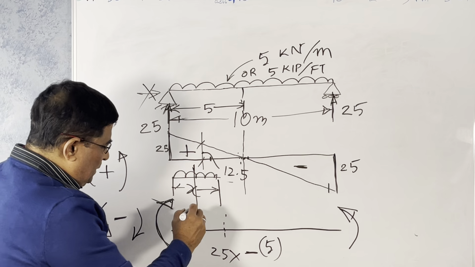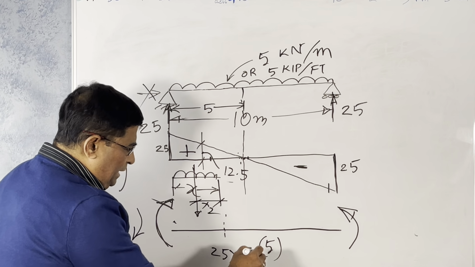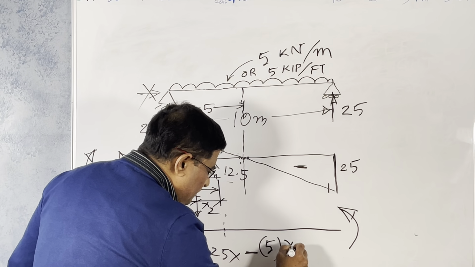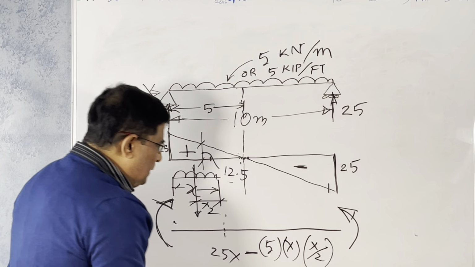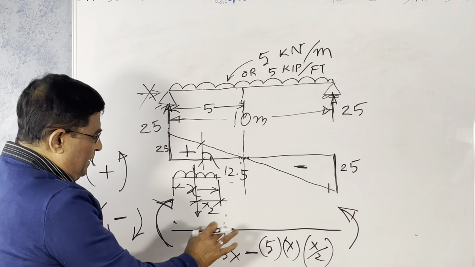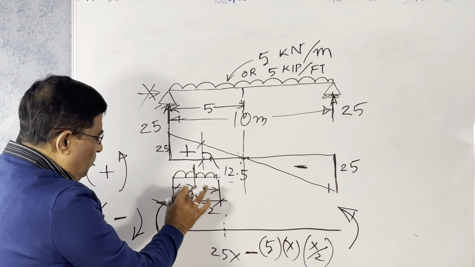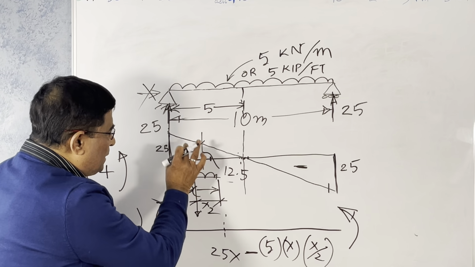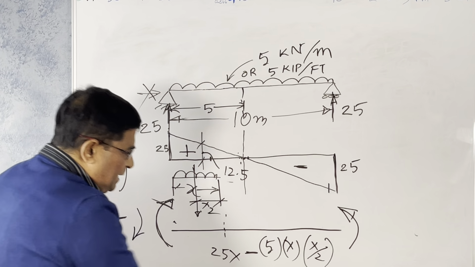So this distance is x over 2, so it is 5 into x over 2. That means whatever distance is, that load times the distance times half of the distance.